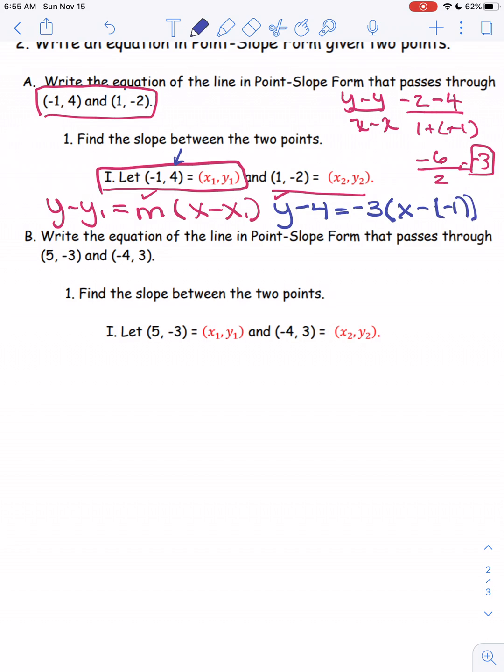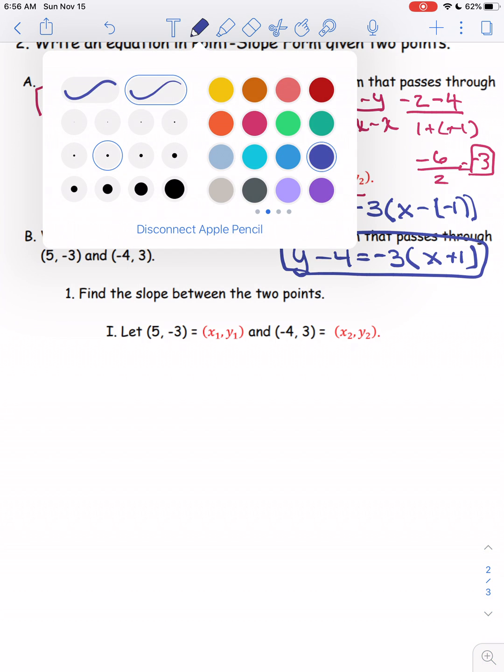You know, we don't like to leave it that way. So we're going to say y minus 4 equals -3 times the quantity x plus 1. And we are done. Piece of cake. Let's do one more like that, and we'll let you try some on your own.